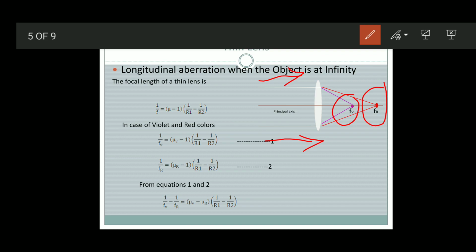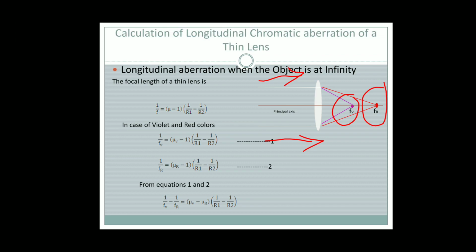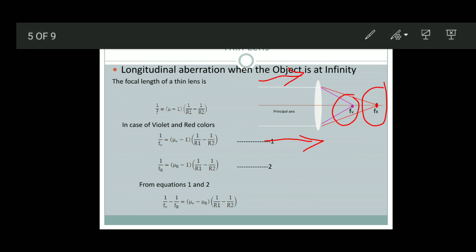This is to be calculated. We know according to the lens maker formula, if the focal length is f, 1 by f is equal to (mu minus 1) into (1 by R1 minus 1 by R2), where f is the focal length, mu is the refractive index of the material, and R1 and R2 are radii of curvature of the convex lens.